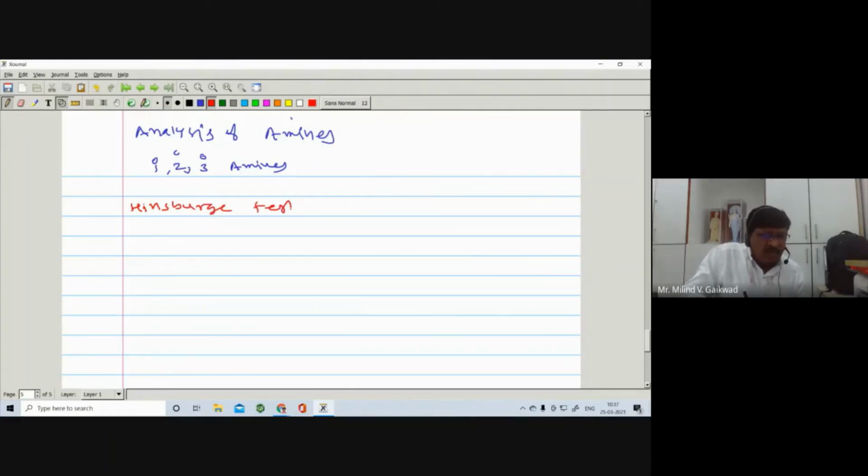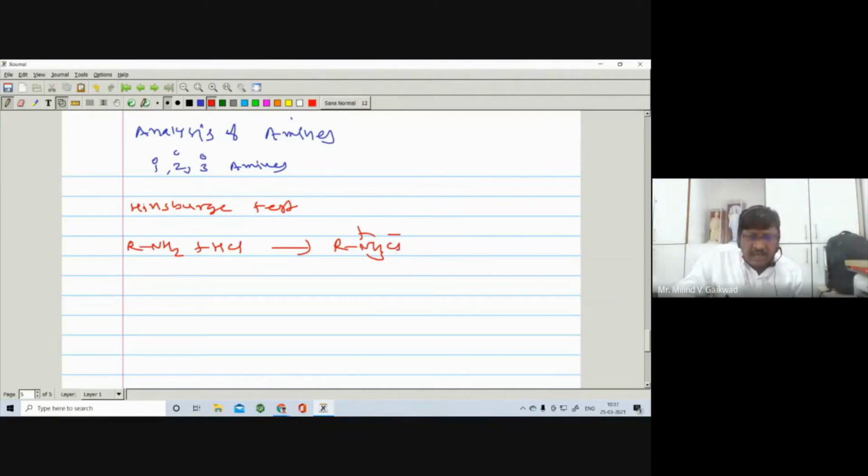In this test, what you have to do: we know that all amines contain the NH2 group, RNH2. It reacts with HCl. There is a formation of a salt, RNH3+ Cl-. It is water soluble, so when you take dilute HCl we get a clear solution.